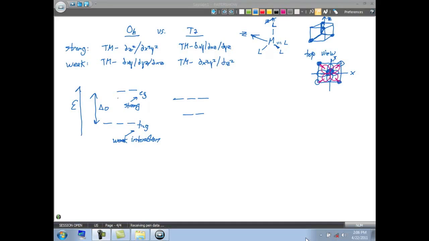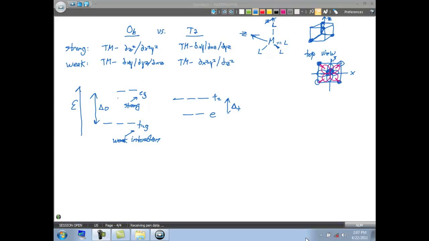We give different symbols for a tetrahedron versus an octahedron. In a tetrahedral molecule, the triply degenerate set is simply abbreviated as T2, and the doubly degenerate set is simply abbreviated with an E. This gives a delta T, which would be the difference between the E set and T2 set of d orbitals.